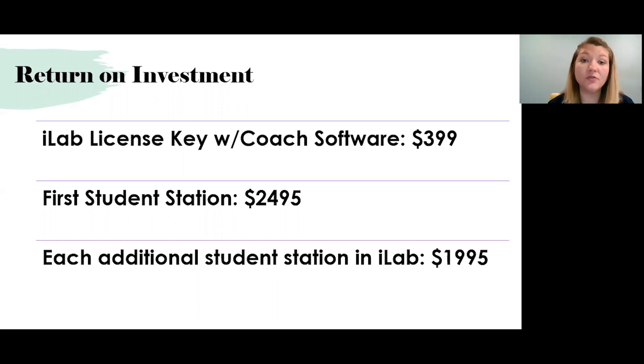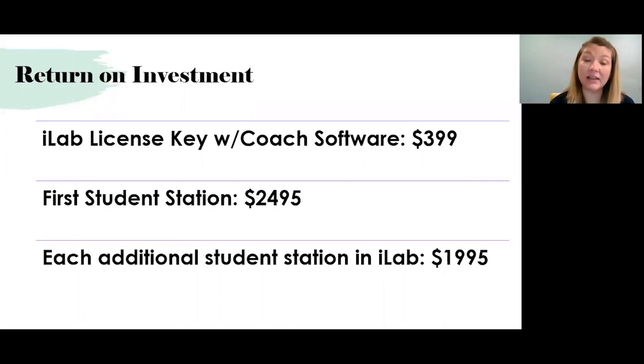And the coaching software is a one-time fee. Once you purchase that software, you own it, and you can add as many student stations as you want into that. So if you're leasing out your one Bodywave armband and you're doing the $399, you have 1 individual.